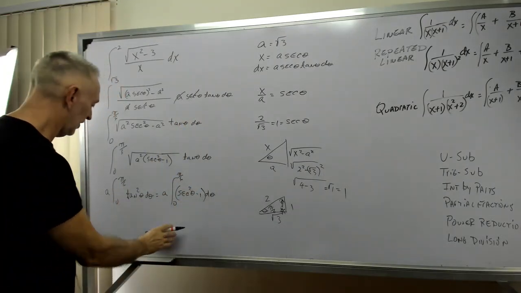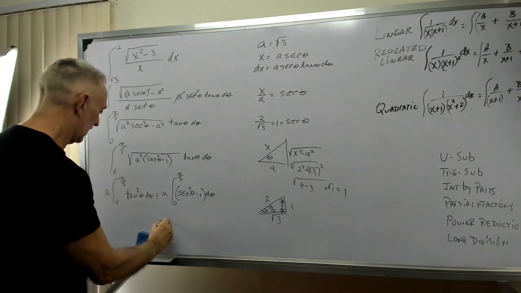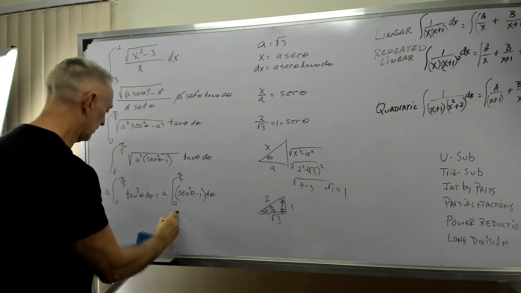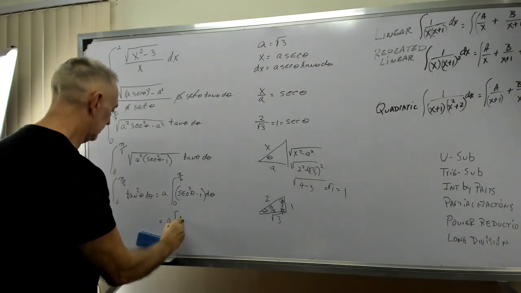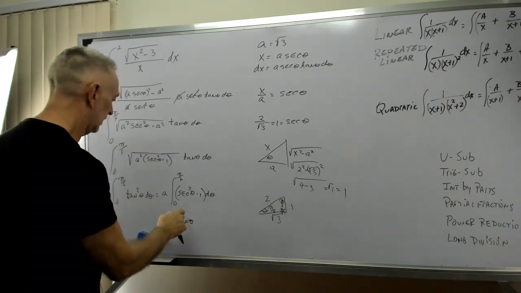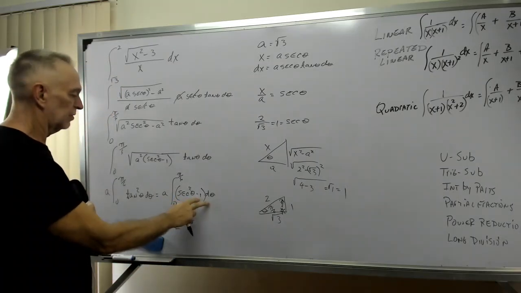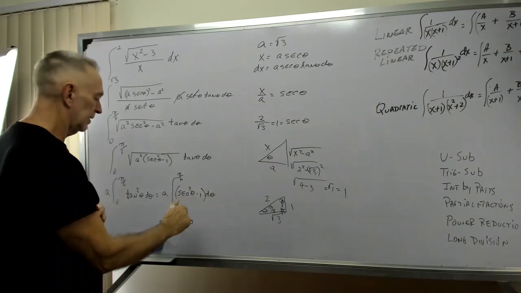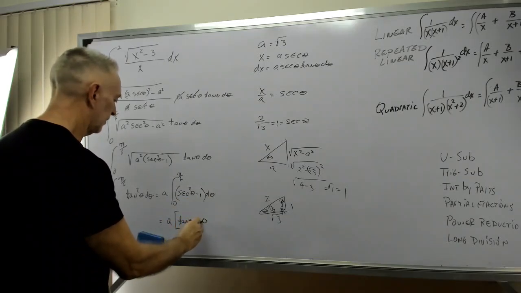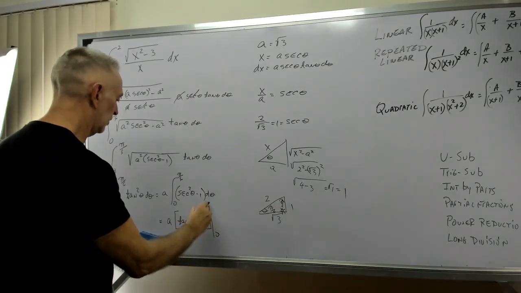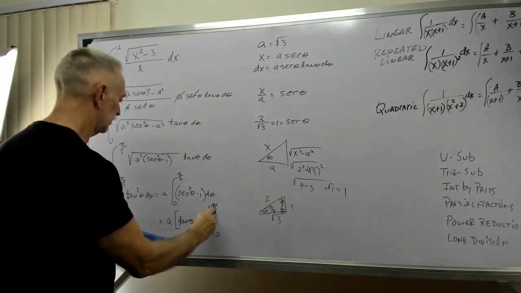Tangent. Okay, I've got a times tangent theta minus, what's the integral of 1 d theta? Theta. And that is going from 0 to pi over 6.